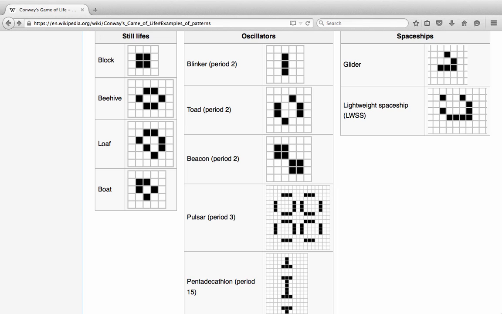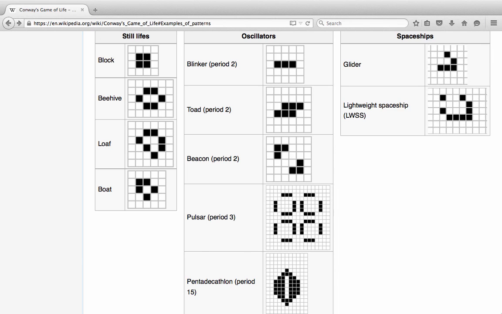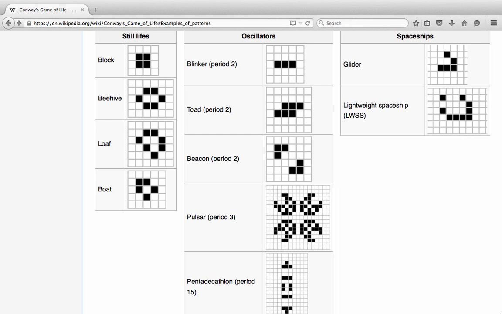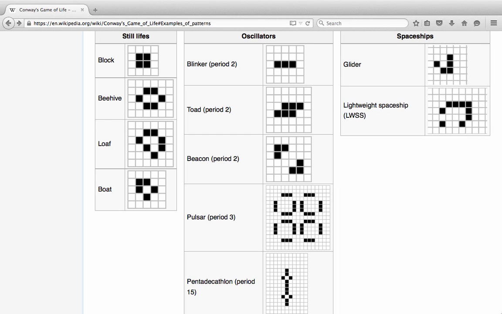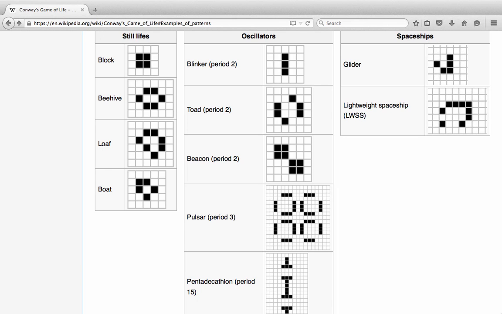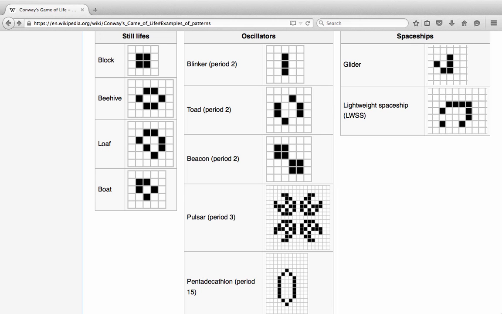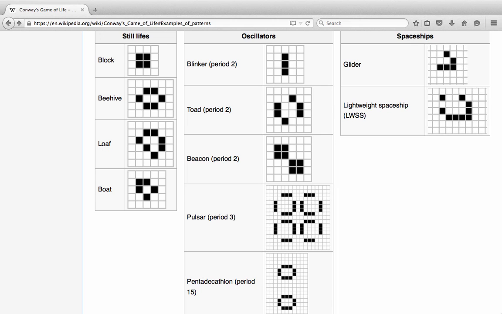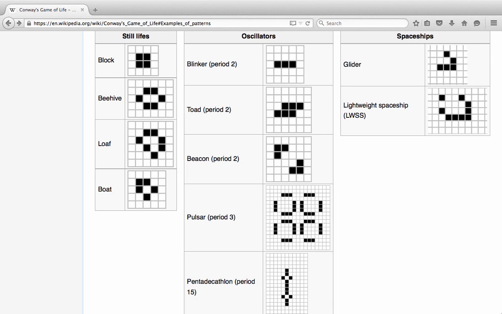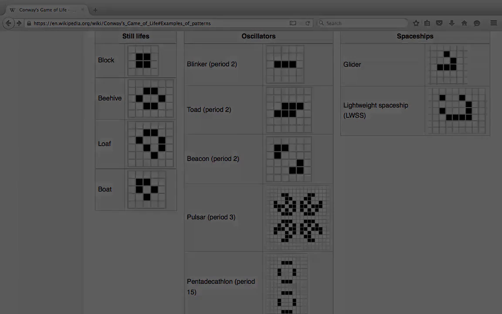It has a period of 2, which means that once it is vertical, then at the next time it will be horizontal, and after that it will repeat. So that's why the period is 2. Again, through Wikipedia you can take a look at several different patterns and spaceships, and then be more motivated to actually implement the program that will be implementing this game of life of Conway.